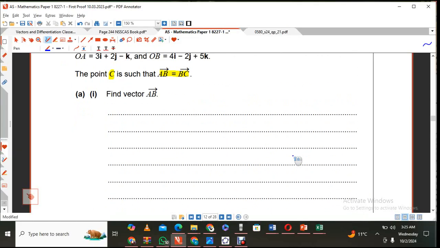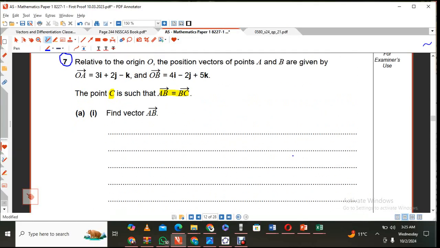So you should be familiar then with position vectors, that you have a vector AB, for example, then it is the terminal point OB, or the second point position vector, minus the initial point, which is OA. So the position vector of the second point minus the position vector of the first point. Right. So this is things that you can do.